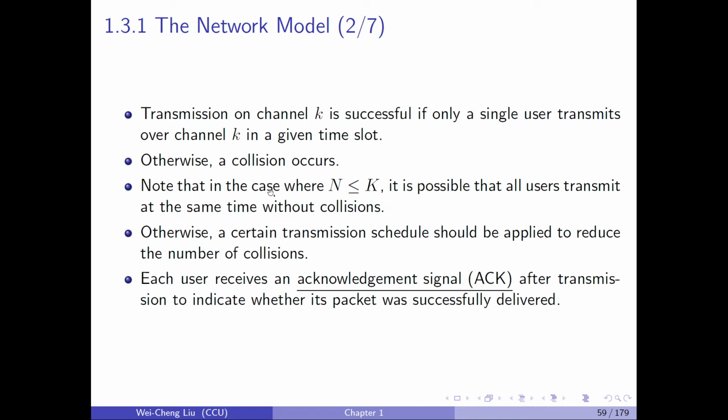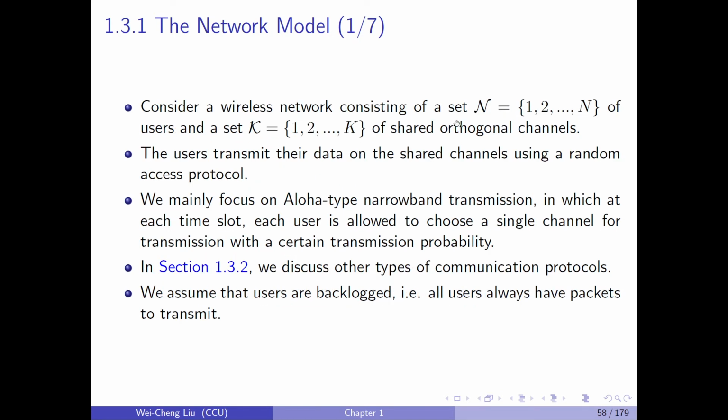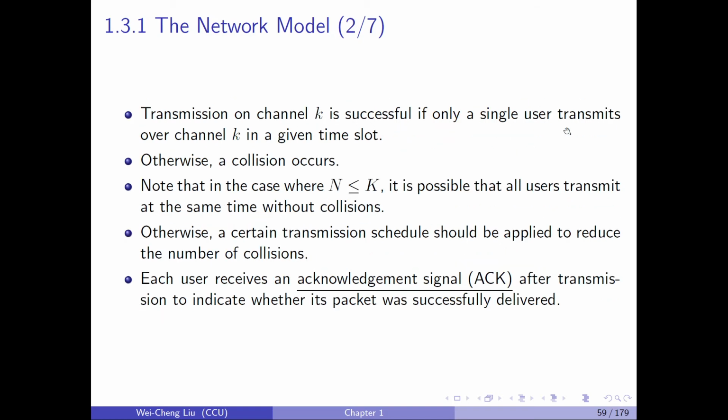Note that in the case when capital N is smaller than or equal to capital K, that is, the number of users is smaller than or equal to the number of shared orthogonal channels, it is possible that all users transmit at the same time without collisions, because each user can occupy a channel.